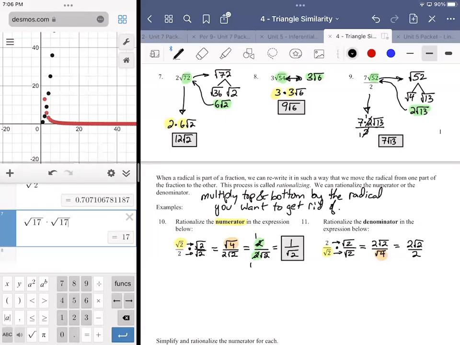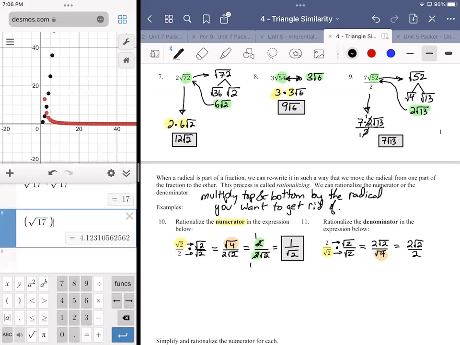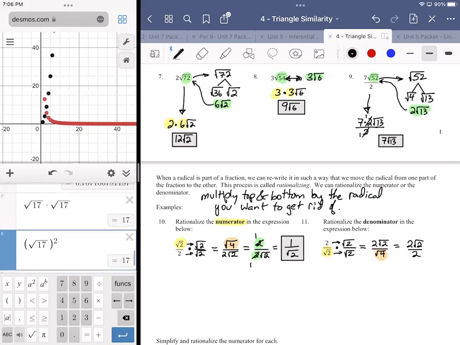And that's because what I just wrote here is the same as radical 17 squared. Because anytime you multiply a number by itself, you're squaring it. A square root radical and a power of 2 will cancel each other out, to whatever is contained within the radical. Right?